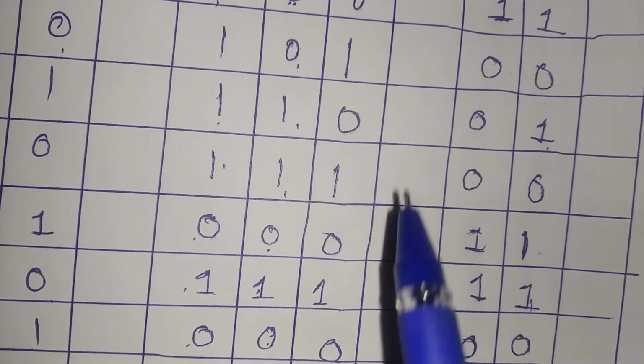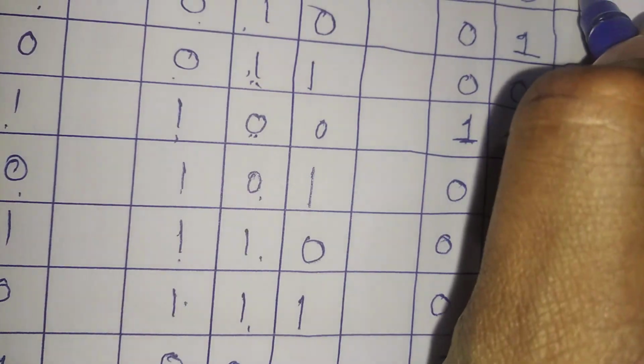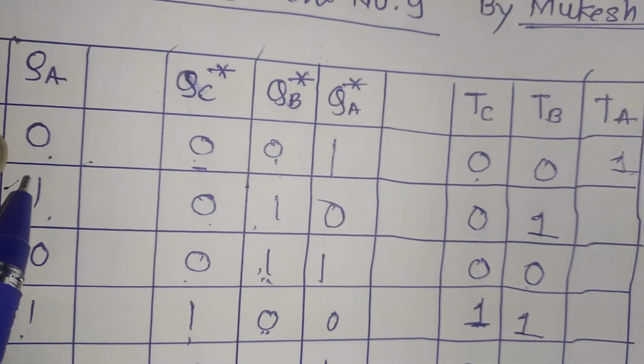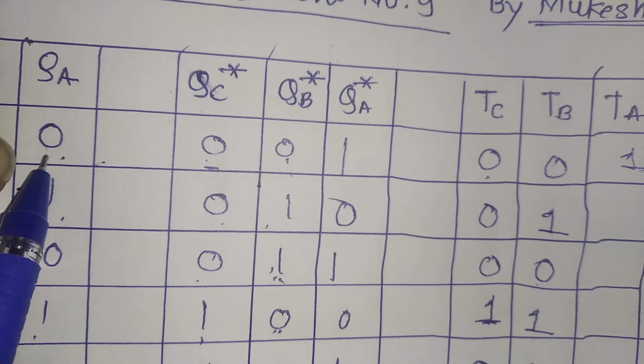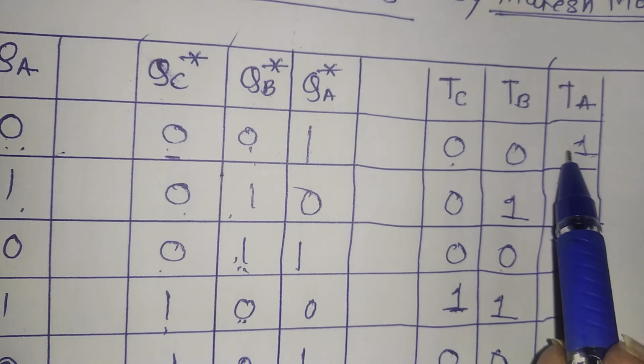Similarly, for TA we have 0 1 1. You can see QA is 0, QA star is equal to 1, then write 1 here.